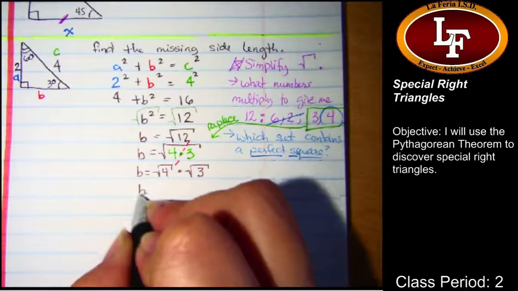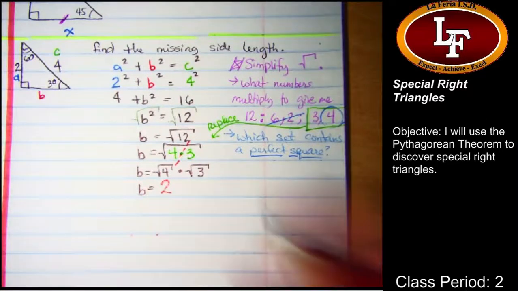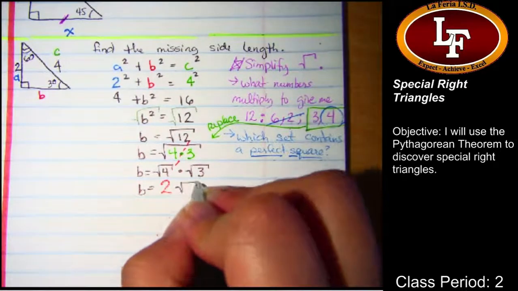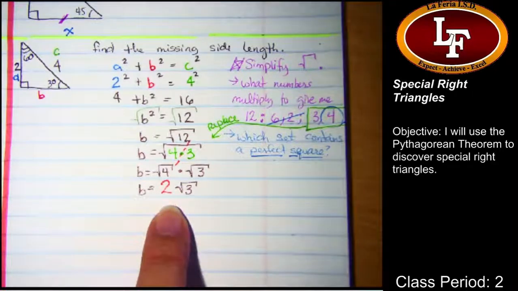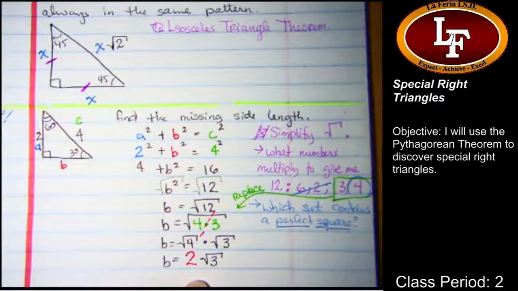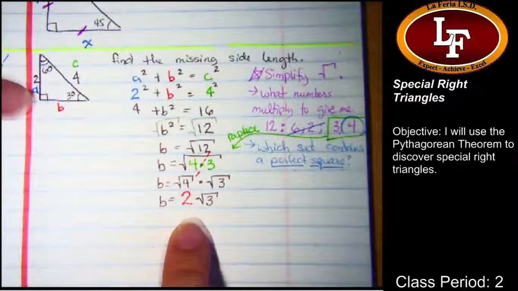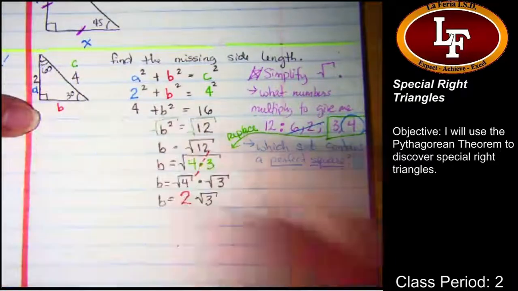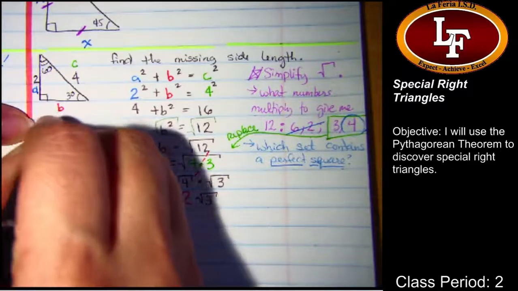What's the square root of 4? I don't need to write the multiplication symbol. It's implied. Look at the pattern. This side here ended up being 2 square roots of 3. Look at your pattern from the very top of the page.